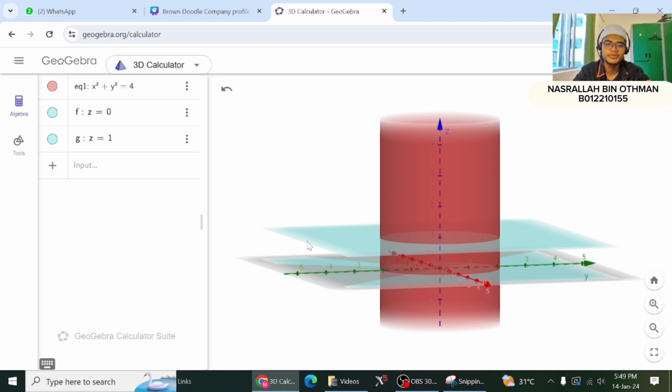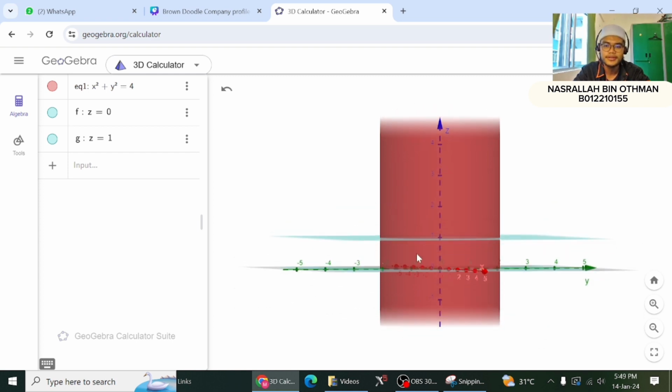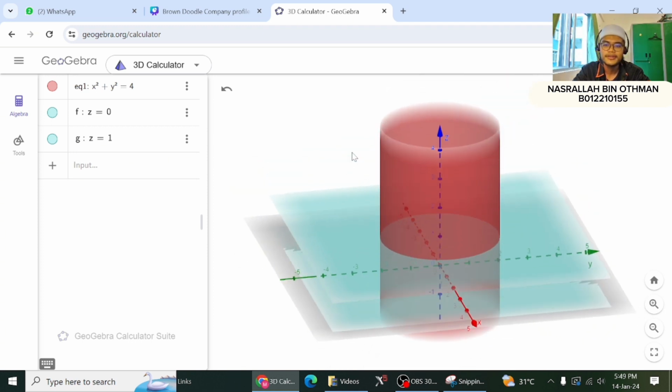For example 2, we use GeoGebra to prove the limits. We use the z-axis right here, which is 1 to 0, and then the dr limit is the radius, and then theta is 2 pi because it is a circle.